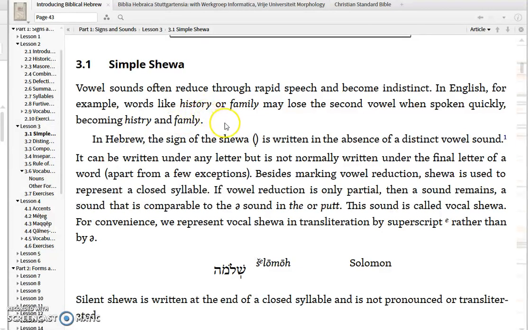That O sound could get reduced to schwa. Or to give you just a different example, in French you have the name Michel, but in English you've killed the vowel and you pronounce it "Mich'l." So Michel with a very strong vowel becomes Michel with a schwa. A little bit of a sound, but not much.